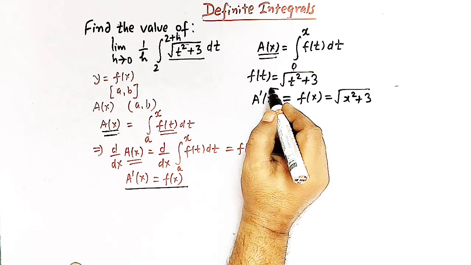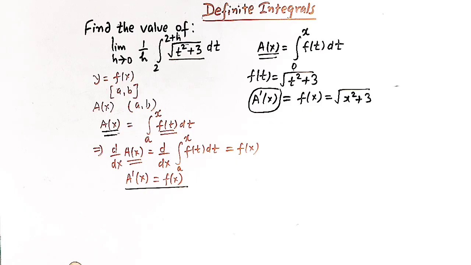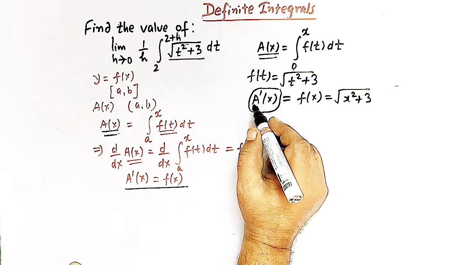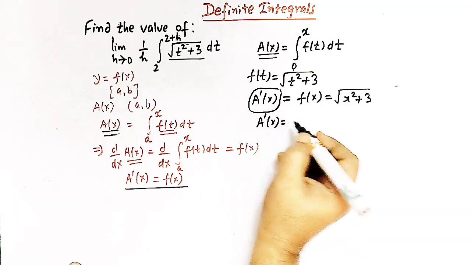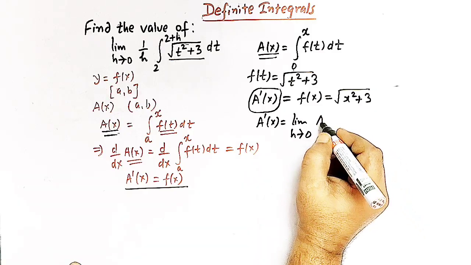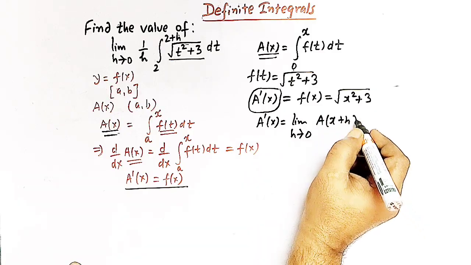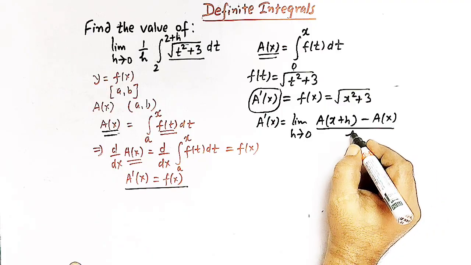Now see here we have A prime of x. Let us apply the limit definition of derivative to A prime of x. A prime of x can be written as limit h tends to 0 of A of x plus h minus A of x divided by h.